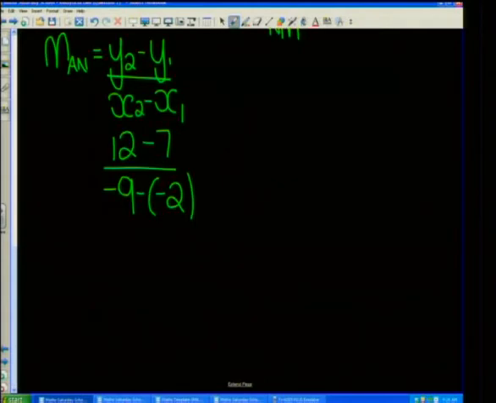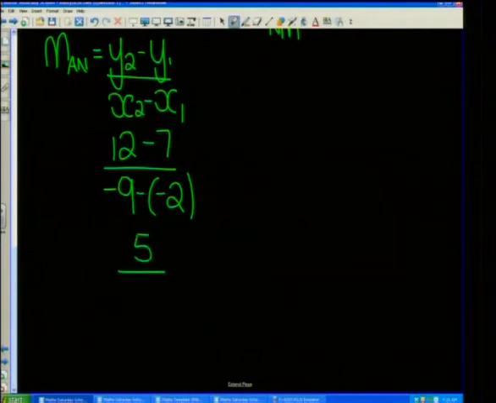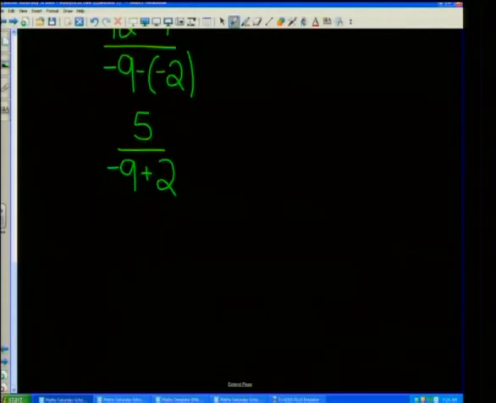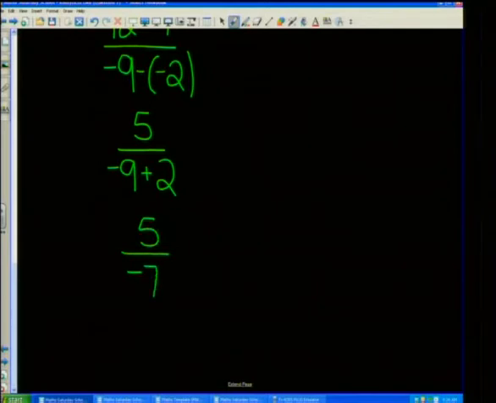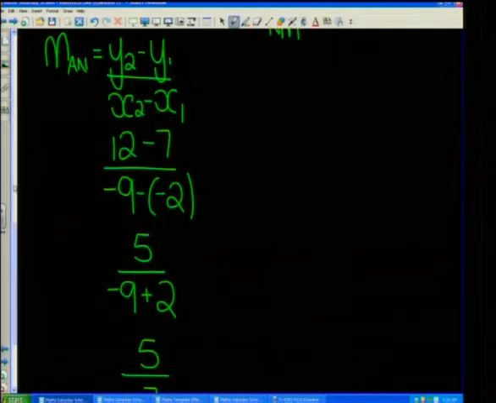That's going to leave us with 5 over -9 plus 2, which is -7. All right, so that's the gradient from A to N.